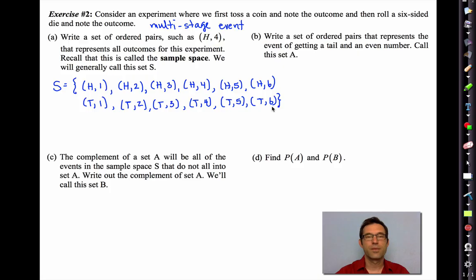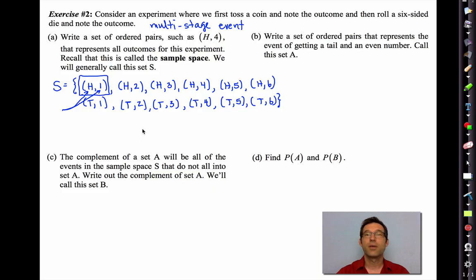And that's it. Now remember, a set is just a collection of things, and those things are these ordered pairs, and those ordered pairs are simply the outcome on the coin along with the outcome on the die.